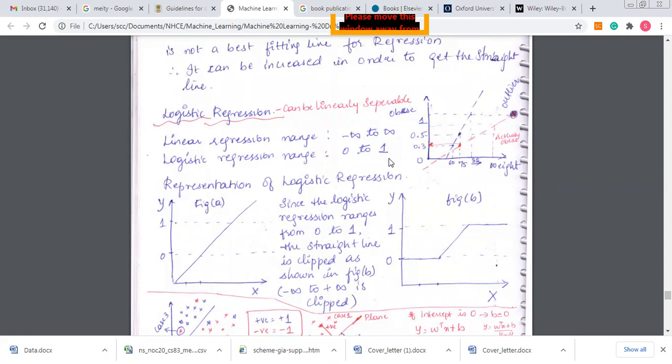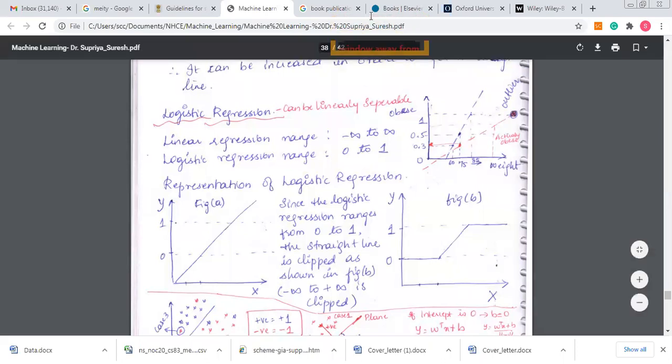To handle that outlier, logistic regression is very useful. Linear regression ranges from minus infinity to plus infinity, whereas logistic regression ranges from 0 to 1.